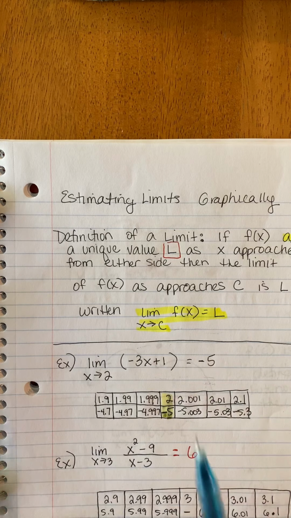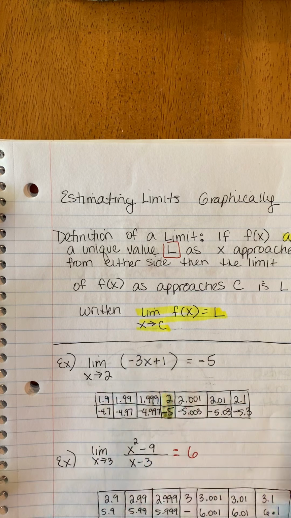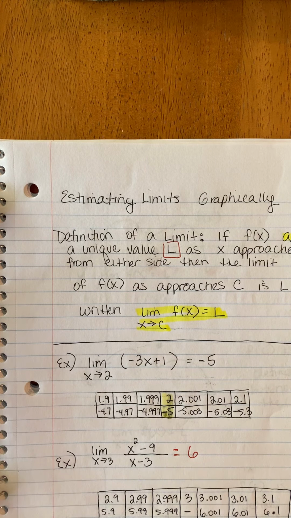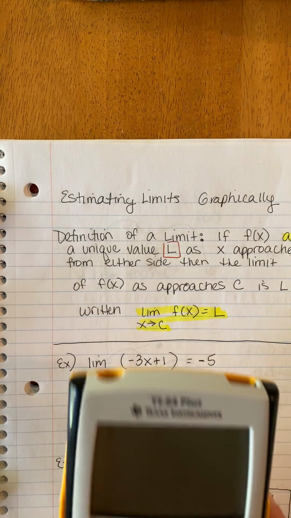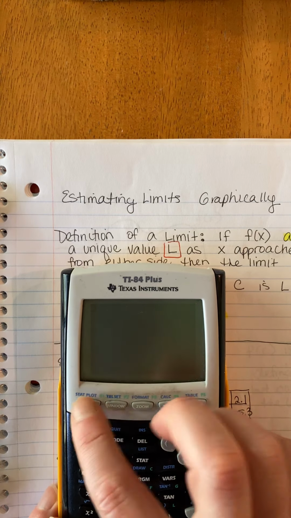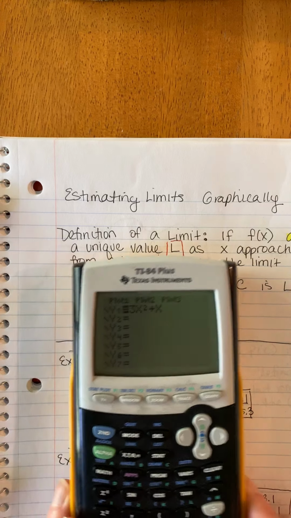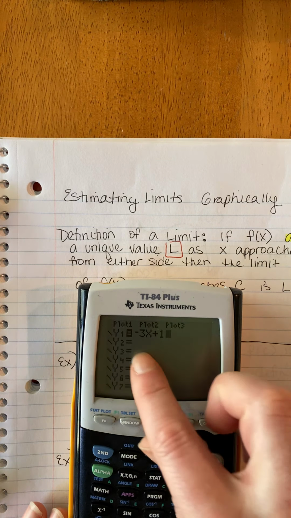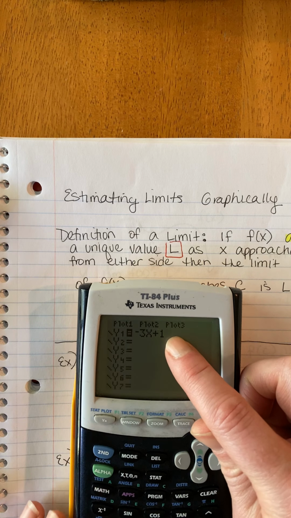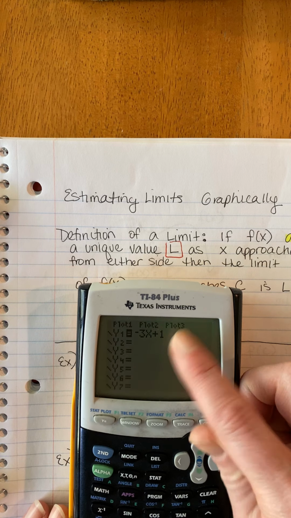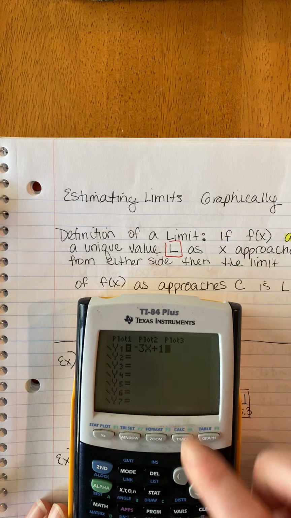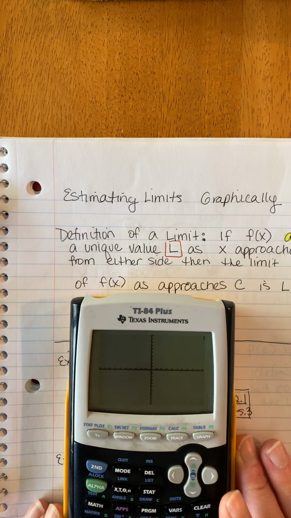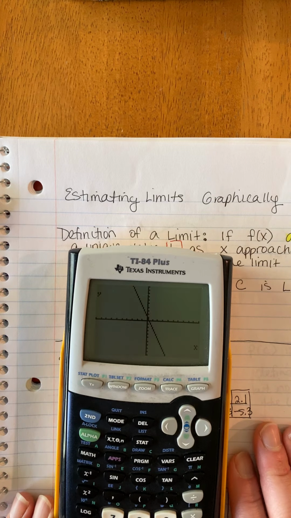This is my function f of x. It's a line. I'm going to get my graphing calculator out, and I'm going to graph y equals negative 3x plus 1. Notice there is no denominator. That means this is a line, and there are no spots where this is undefined. If I look at the graph, there we go, we have a line.